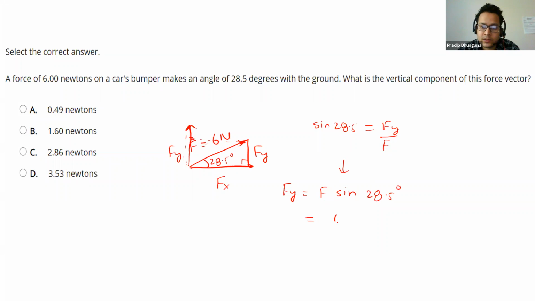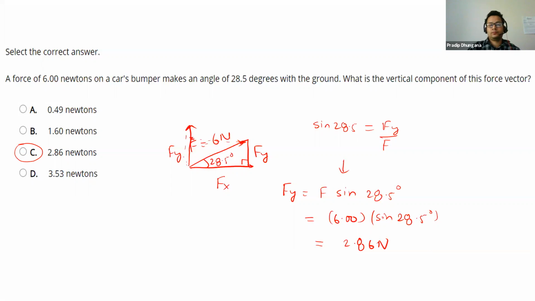And then F is 6 Newton times sine 28.5 degrees. And then again use Desmos. This is exactly the same concept. Use Desmos and calculate that value. You will get 2.86 Newton. The correct choice is C.